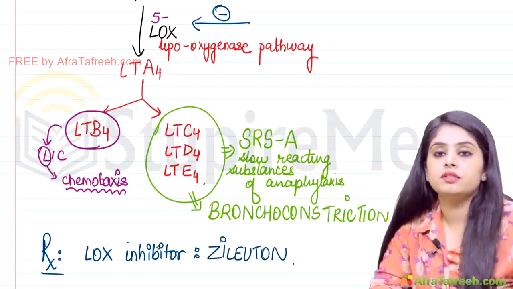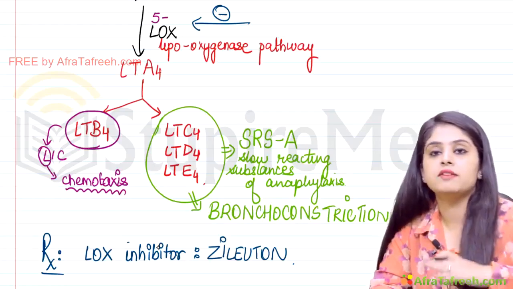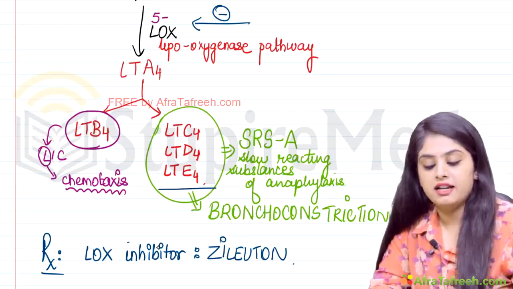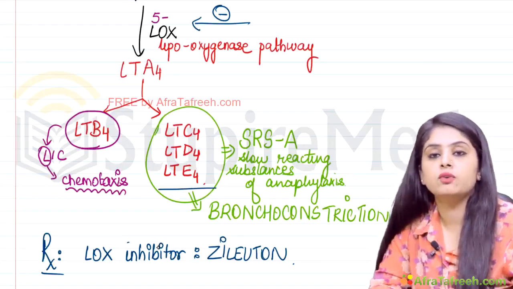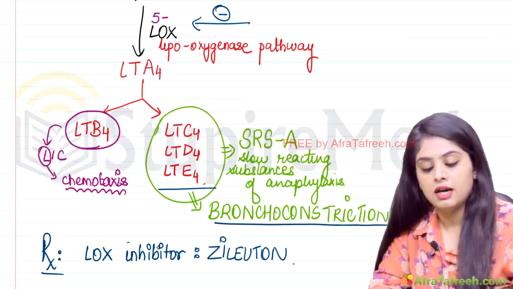The other way of stopping this pathway is that I do not touch the lipoxygenase, I let the pathway function as it is, but in the end, I've just discussed C4, D4 and E4. They are going to cause bronchoconstriction. How?